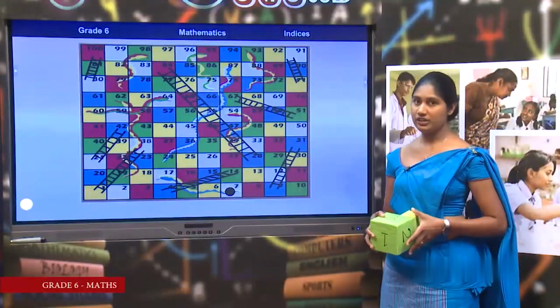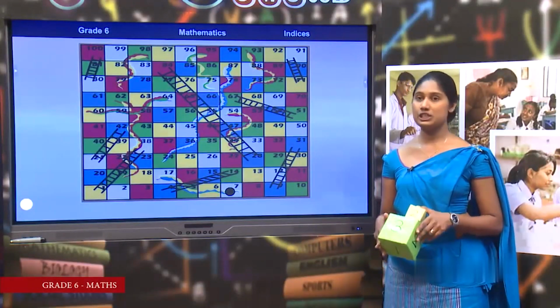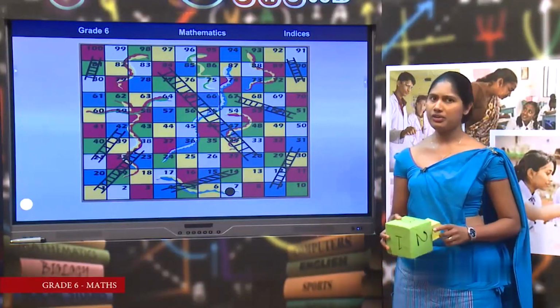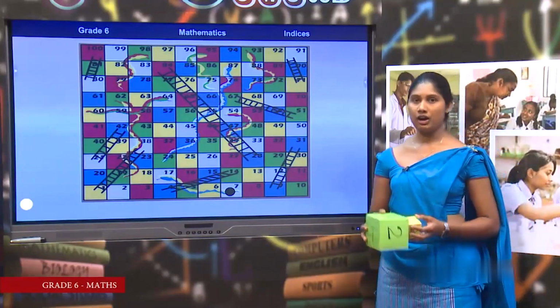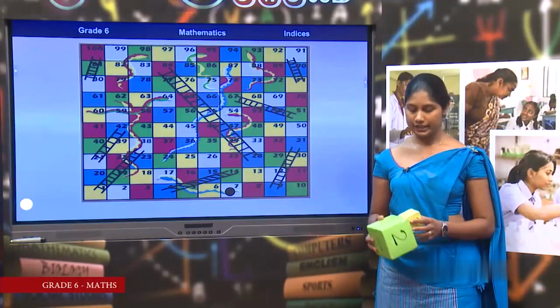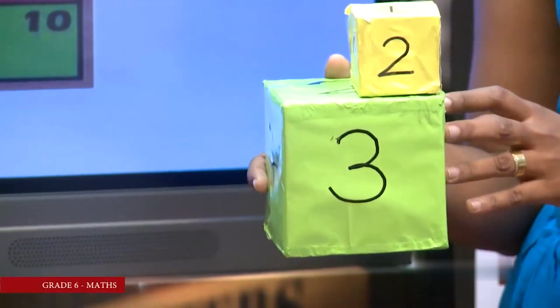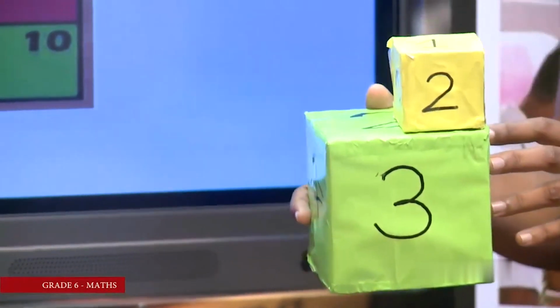Okay, my dear children, now you can do this game by using these 2 dice. If after rolling these 2 dice, I found like this, base is 3 and index is 2. That is 3 to the power 2.